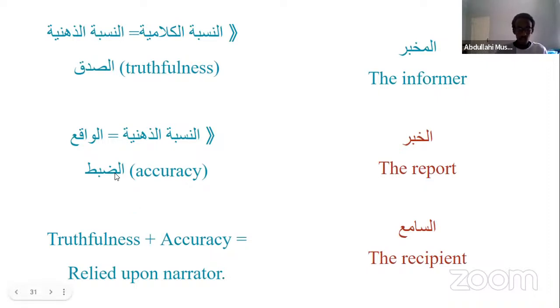An accurate narrator is someone that when he hears a hadith from the Prophet ﷺ, registers it perfectly in his mind. And later on, whether it's 10 years later, when he narrates that hadith, he narrates it as he had registered it in his mind 10 years ago when he heard it from Rasulullah ﷺ.